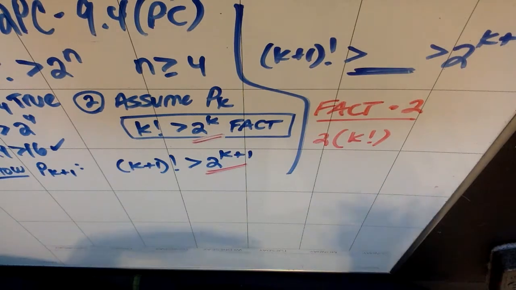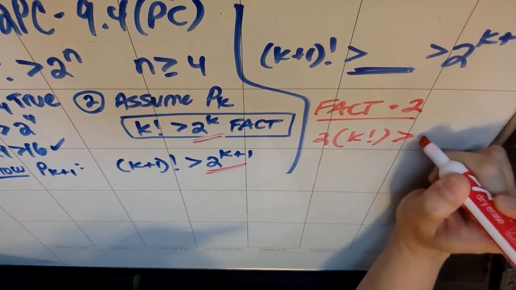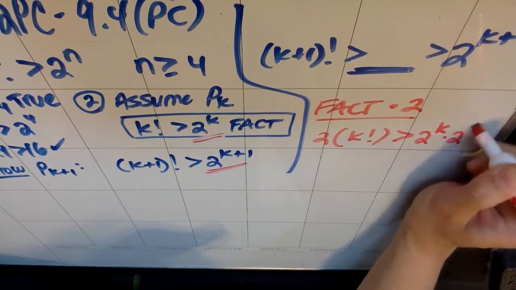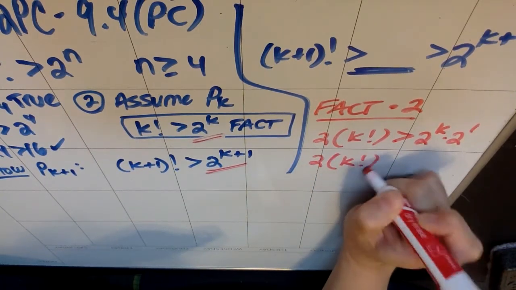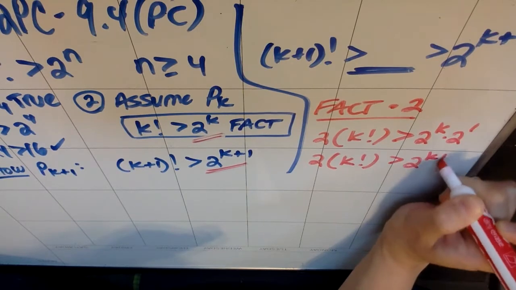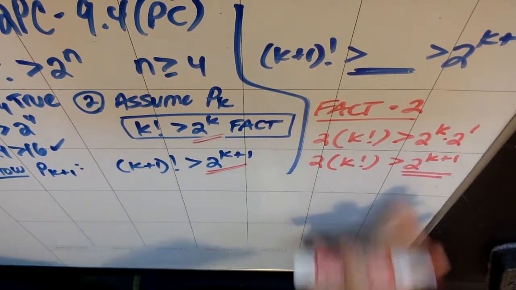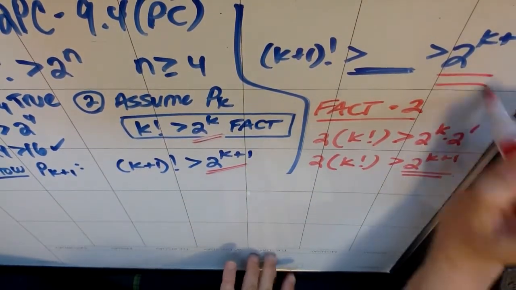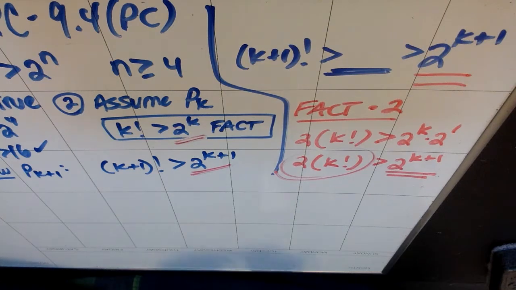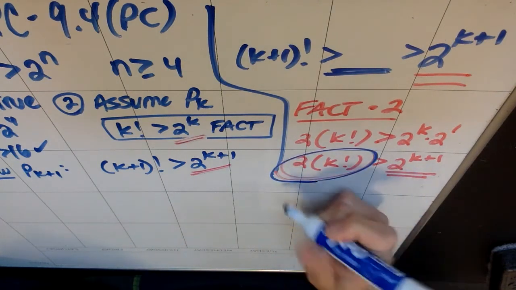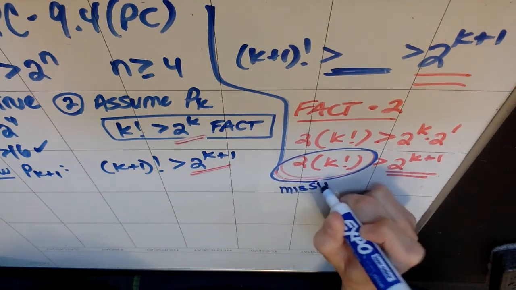It's 2 times the quantity k factorial, is greater than 2 to the k times 2 to the first, which would be the same as saying 2 times k factorial is bigger than 2 to the k plus 1. So what I've done now is make one link of this chain look like the bottom link of this chain. Now the big question mark, the 2 times k factorial, seems to be my missing link.